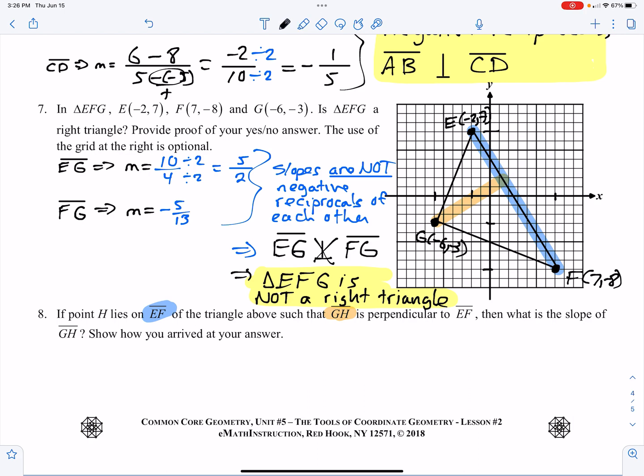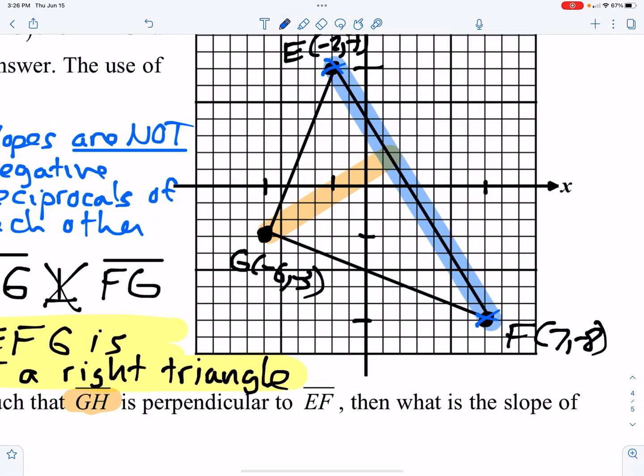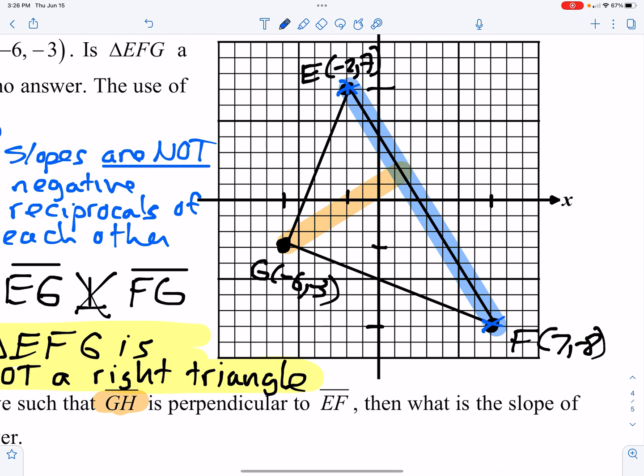First, find the slope of the blue line. How do we do that? We're going to go from E all the way to F. Let's zoom in. We're going to go down 1, 2, 3, 4, 5, 6, 7, 8, 9, 10, 11, 12, 13, 14, 15, down 15, over 1, 2, 3, 4, 5, 6, 7, 8, 9.